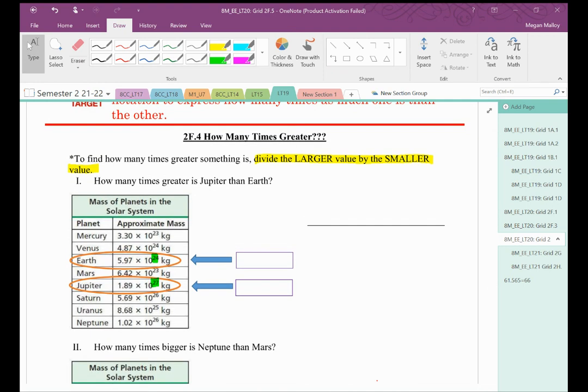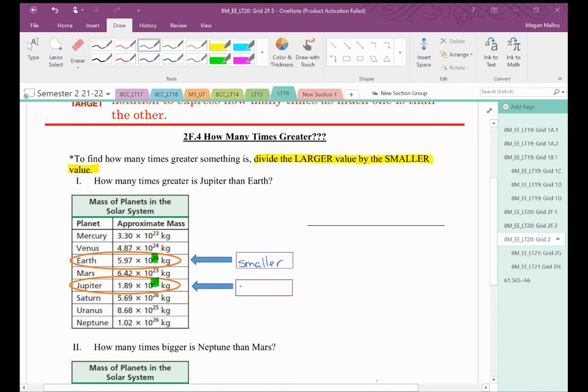So if I look at my examples here, I see that Jupiter has an exponent of 27, and Earth's mass has an exponent of 24. That means that Jupiter is going to be the larger value, and Earth is going to be the smaller value.